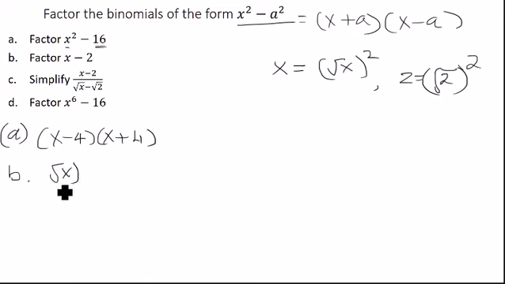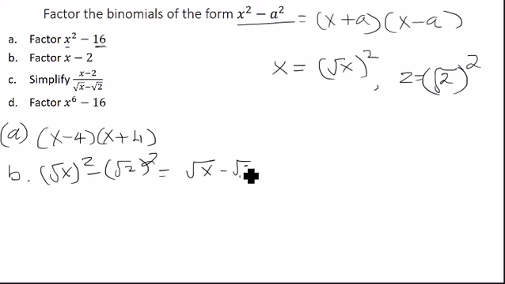So we have the square root of x squared minus the square root of 2 squared, the difference of two squares, so it's going to be the square root of x minus the square root of 2. Well, you can put the plus first and the minus later if you want to be consistent with this formula here, but it doesn't really matter. So square root of x plus square root of 2 times root x minus root 2, and that's how it goes.